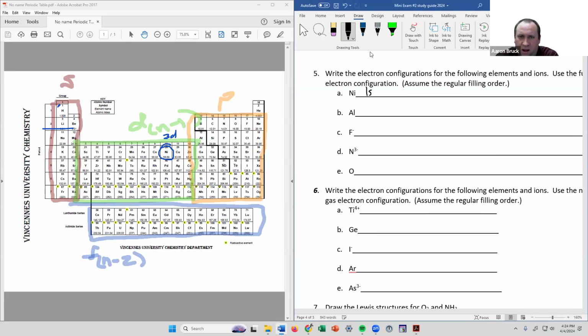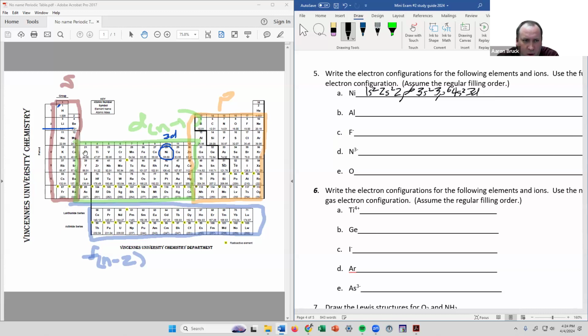So we've got 1s2, then 2s2, then 2p6, then 3s2, then 3p6, then 4s2, then 3D. Okay, 3D is where we're supposed to go.